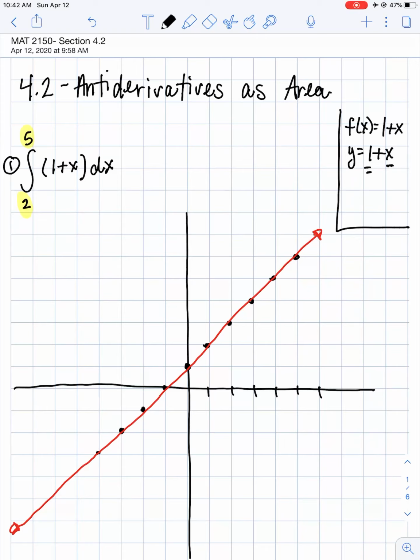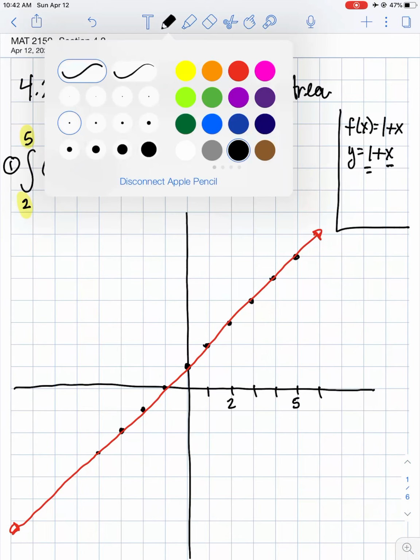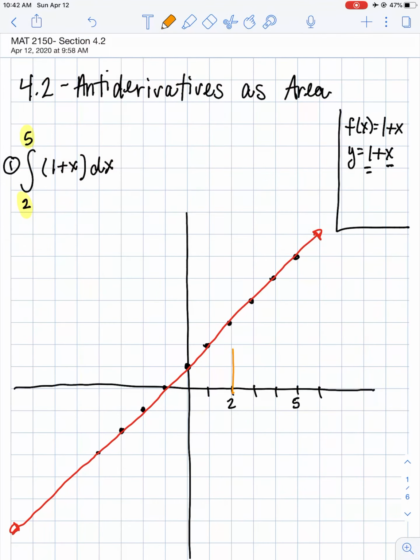So if I come down here on my x-axis, I'm going 1, 2, 3, 4, 5, 6. I'm focusing on 2, 3, 4, 5, 2 to 5, right here. I'm only looking at this graph from this line to this line, and I want to find the area of this shape.